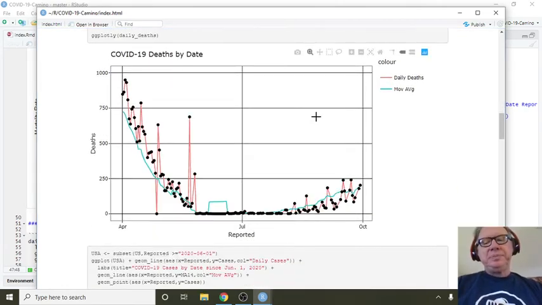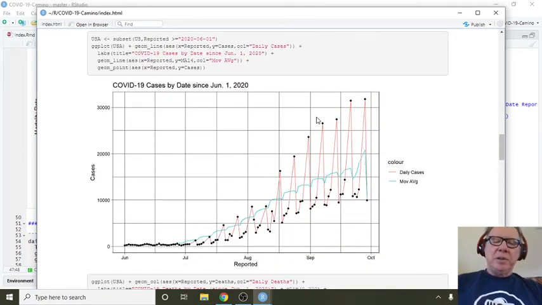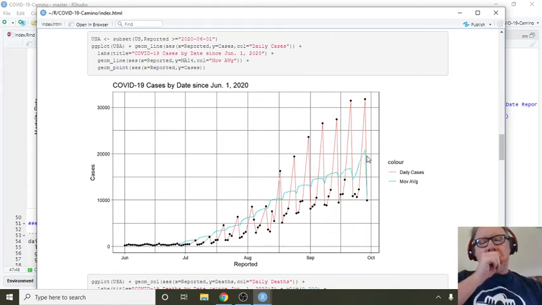Deaths continue to climb. We're currently under 250 deaths per day. Let's zoom in, look at everything from June forward. Nothing surprising here. You can see the continued climb up in the moving average. But this last number dropped from here to here, which I don't understand.